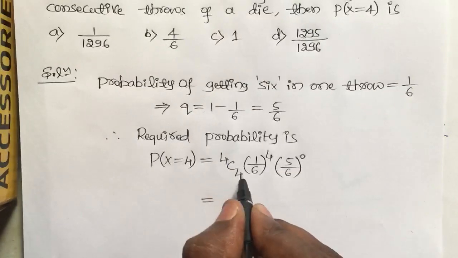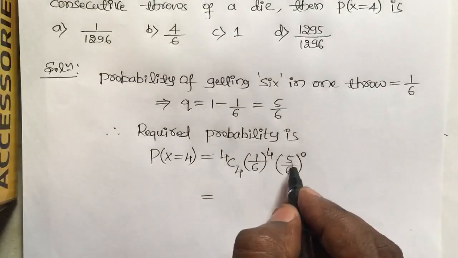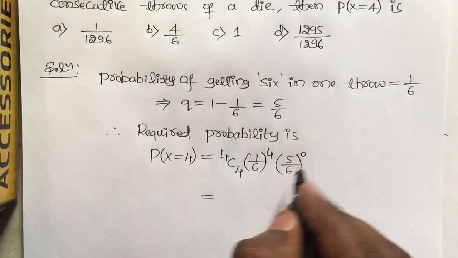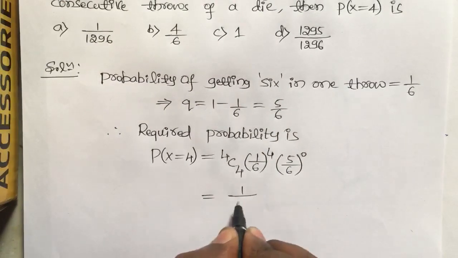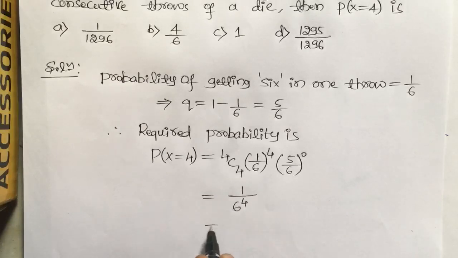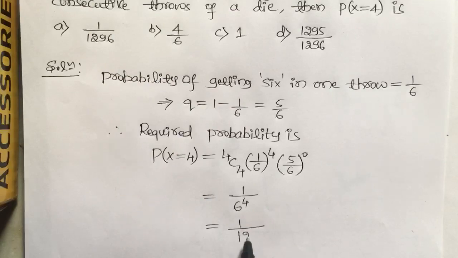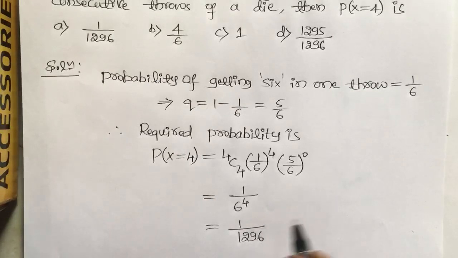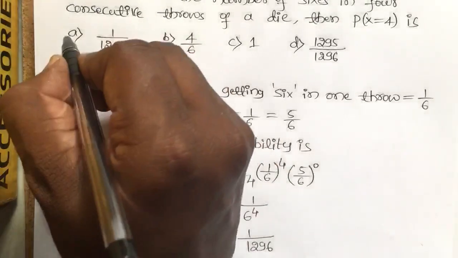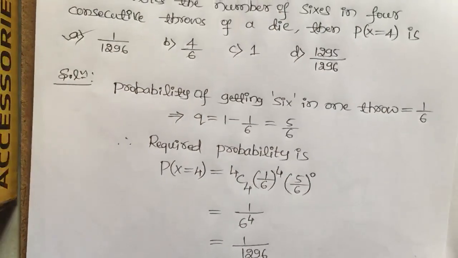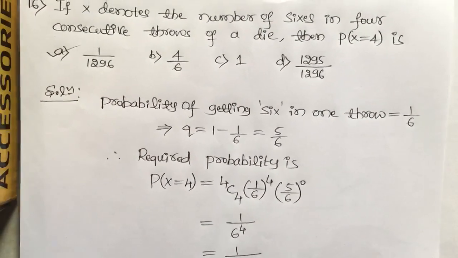So here 4C4 value is 1, and then 5 by 6 to the power 0 is also 1. We have 1 by 6 to the power 4, this is nothing but 1 by 1296. Hence the answer is option A. So this is all about the 16th question.